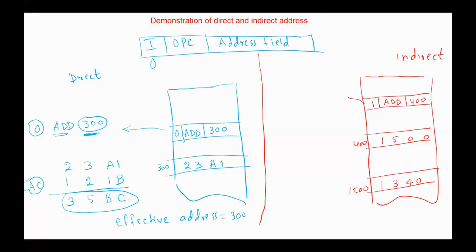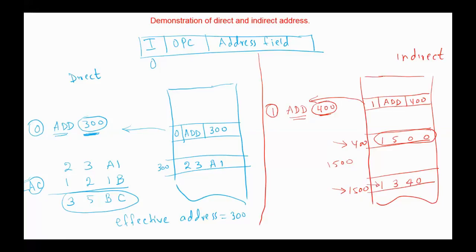First, the instruction is read from memory and decoded in the control unit. Here we have 1 bit indicating that we have indirect addressing mode, and the add operation. Now this value is not the address of the operand. It's the address of the memory location where the address of the operand is stored. In this case, we have to access this location, retrieve its contents, and use it as an address.